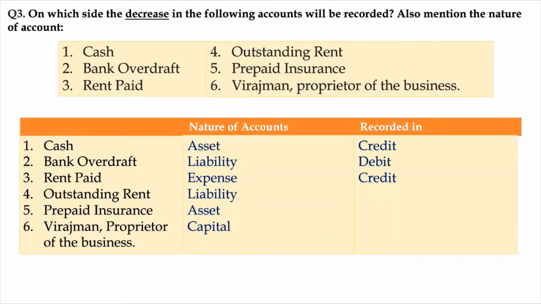This is the liability, and if liability decreases, it will be recorded in the debit side. Fifth is prepaid insurance. It is asset, and if asset decreases, we'll write on the credit side. Virajman, the proprietor of the business, means he is the owner, and if capital decreases, capital will be recorded in the debit side.